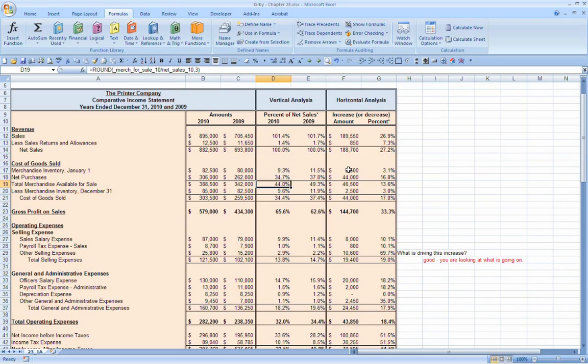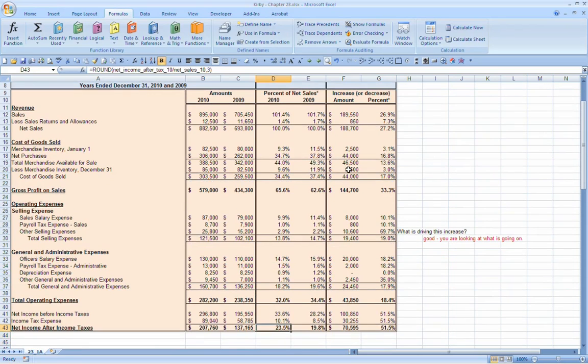And he's got all of these set up. It probably took a significant amount of time to build this, where it shows you payroll tax divided by net sales, selling expense divided by net sales, salary divided by net sales, and he rounded them all, cleaned up his calculations: total operating expenses, net income, all very slick.